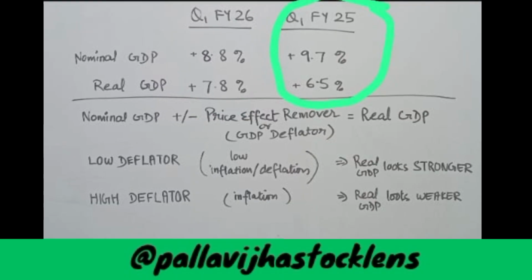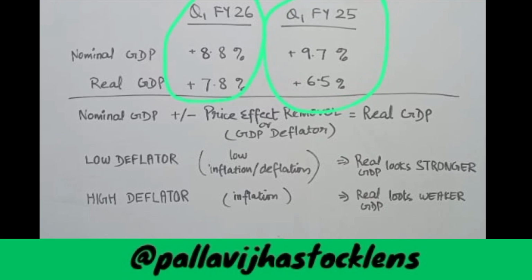Whereas last year in Q1 FY25, the price effect or deflator was around 3%, which means what? The higher price differential, or inflation, of 3% ate into the numbers, because of which real GDP growth looked lower. So you see, because of the low deflator, just 1%, real GDP growth this quarter looks stronger.